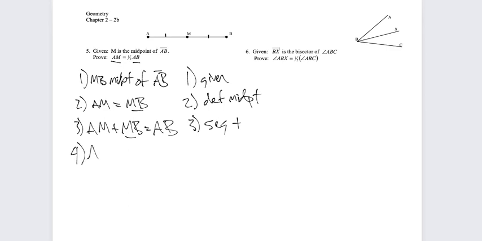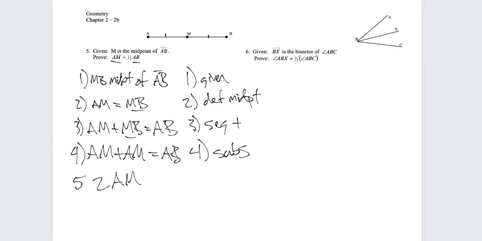So for AM plus another AM equals AB. So again, that's a substitution. Now I actually have 5, 2 AM, and maybe I could have done that in one step, going from 3 to 5, because technically I don't really have to write that separately all the time, equals AB.